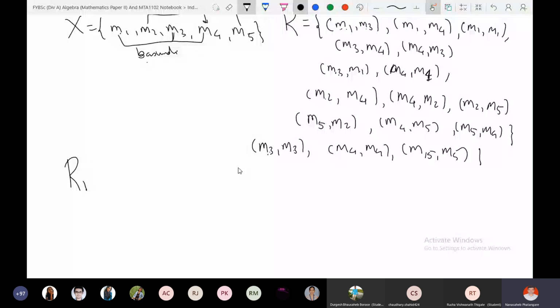So suppose, can you define one more relation among family members? M2, M2. Yes, you can include M2, M2, because M2 and M2 like the same sweet, so that is there. Can you define one more relation among family members?